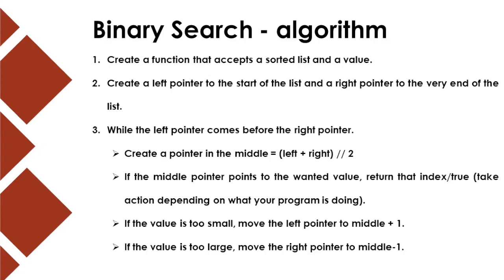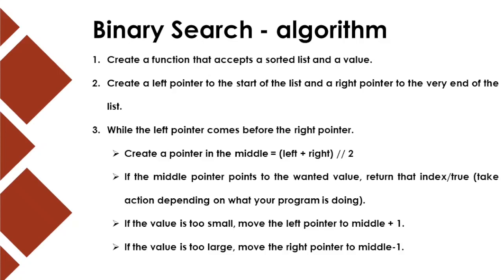Then, as long as the left pointer comes before the right pointer, we create a pointer at the middle, which we get using the summation of the left pointer and the right pointer with a floor division of 2. And we will see that shortly.